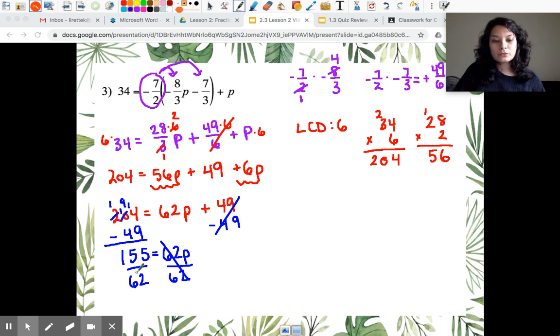Does this reduce? It's not divisible by 5 either. The top number is, but not the bottom. Let's see, will 7 work? 7's not going to work either. What'll go into 62 and 155? I'm convinced that it can reduce.